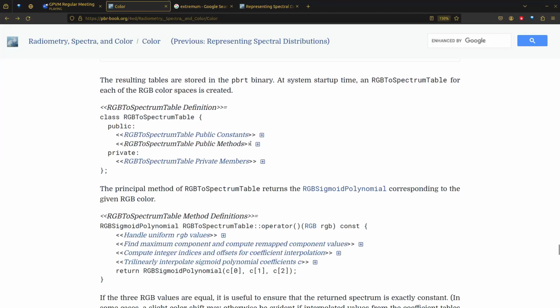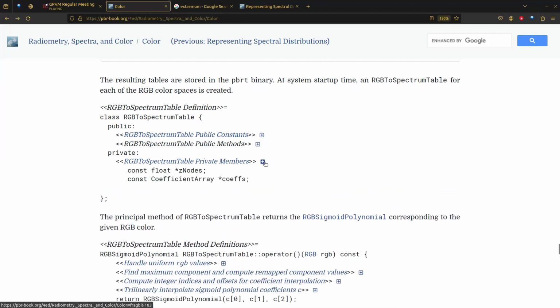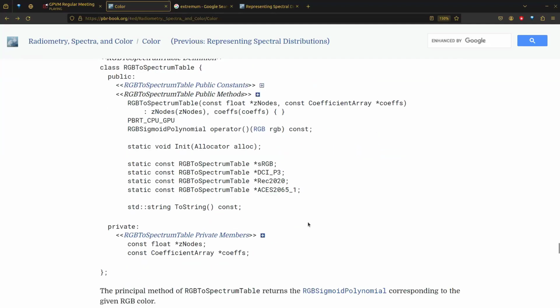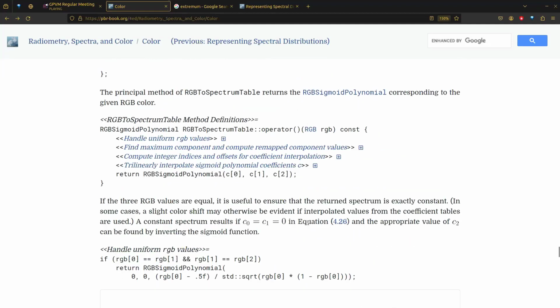And so the tables are stored in the binary, and they just index into it, I guess. Okay, so yeah, using an RGB, they can get a sigmoid polynomial thing. Okay, that's kind of the idea there.